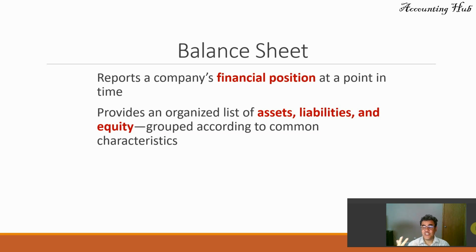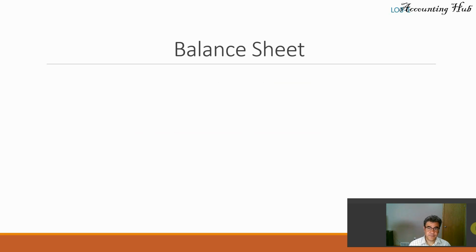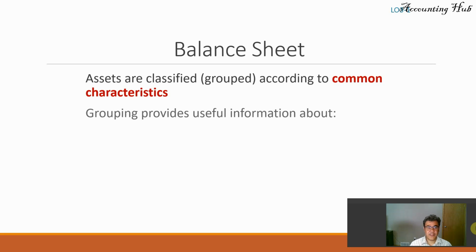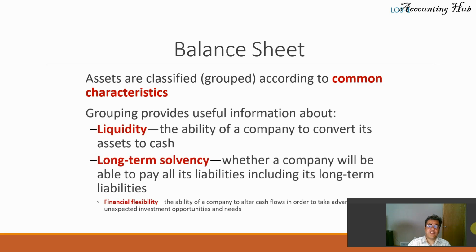The balance sheet expresses the accounting equation. And the assets are classified or grouped according to common characteristics. Grouping provides useful information about liquidity, the ability of a company to convert its assets to cash, and long-term solvency, whether a company will be able to pay all its liabilities, including its long-term liabilities.